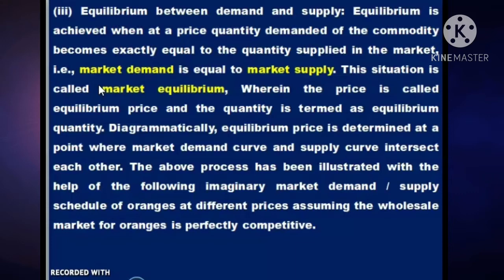There are different firms selling oranges, so we have to take together the demand from the consumers and the supply from the different firms. At a particular price, the demand and the supply will intersect, or be satisfied. We are going to study that with a particular schedule and a diagram.